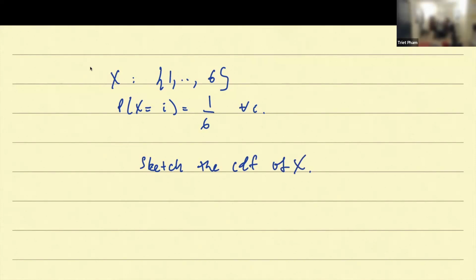You don't have to sketch it out explicitly, but tell me, what would this graph look like?